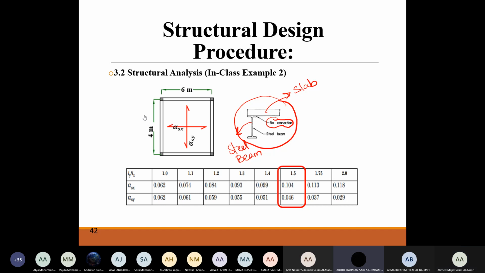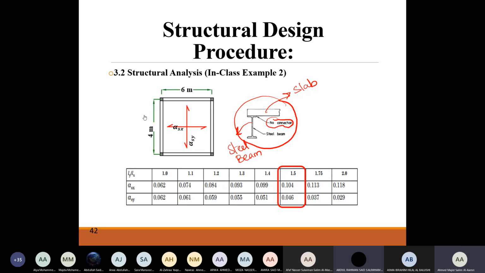See, what is the meaning of connection? When I say for you, beam and slabs are connected, what does it mean? One part together with the other part. So it means they behave together, right? If you try to pull the slab, the beam will try to be pulled with it.